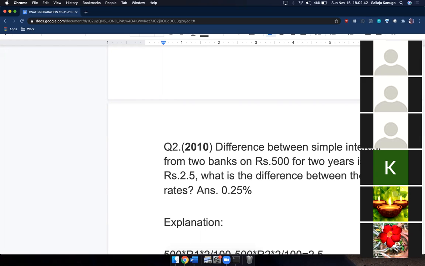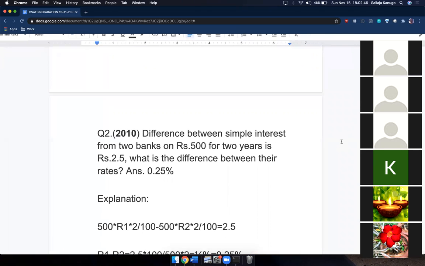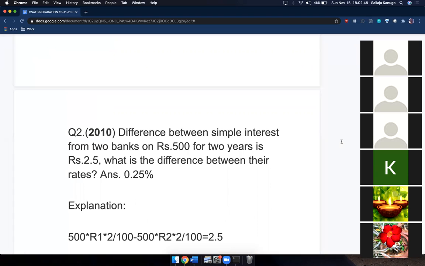Next. The difference between simple interest from two banks on rupees 500 for 2 years is 2 rupees 50 paise. What is the difference between their rates? Let the rate of interest of the first bank be R1 and the second bank be R2.